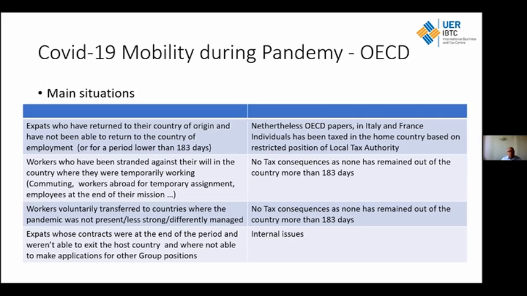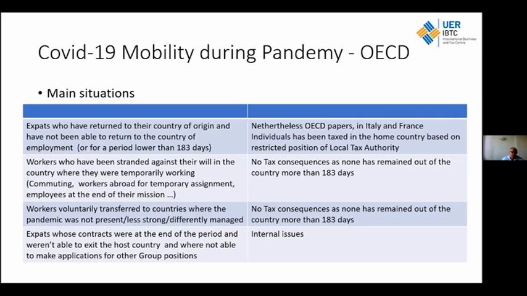So people decided to go to Switzerland or to other countries. And even in this case, we have no consequence because they remain in these countries less than 183 days.